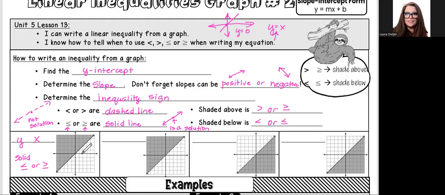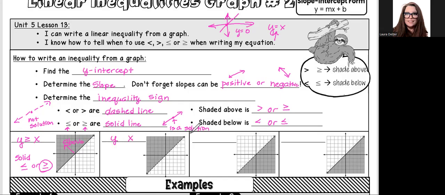Then I look at which way it shades. It's shading above, so it's going to be my greater than or equals. That's the symbol I drop into my inequality. Like I said, these are all the same shape. I was just doing it to help show you what kind of inequality symbol we put in there.